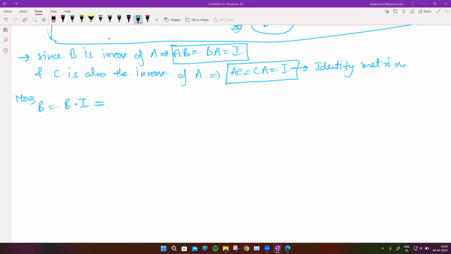You can write B as B into I. If you multiply B into I, we will get the same matrix. So A into I is equal to A. You multiply it with any matrix, this results in the same, just like 5 into 1 is 5.